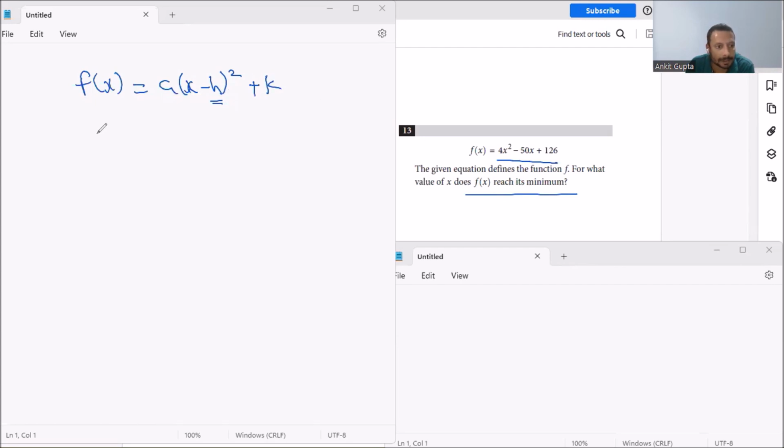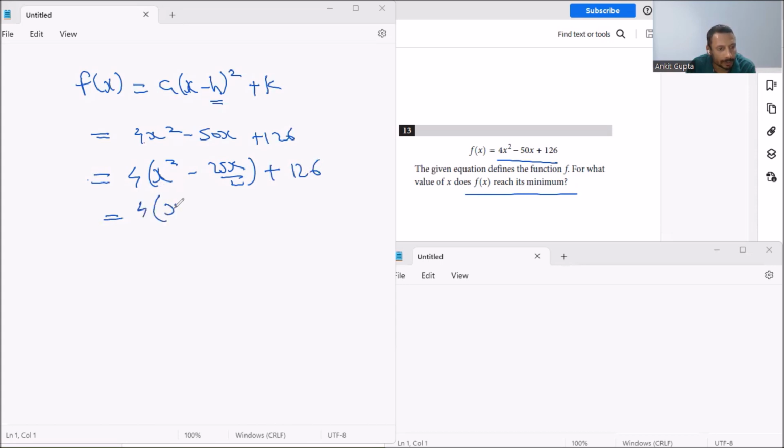So let's simplify this. So we have f of x is equal to 4x squared minus 50x plus 126. So we can take 4 common here. So this becomes 4 times (x squared minus 25x by 2), since 50 by 4 becomes 25 by 2. We can leave 126 as it is. Now this we need to write as (a minus b) whole squared.